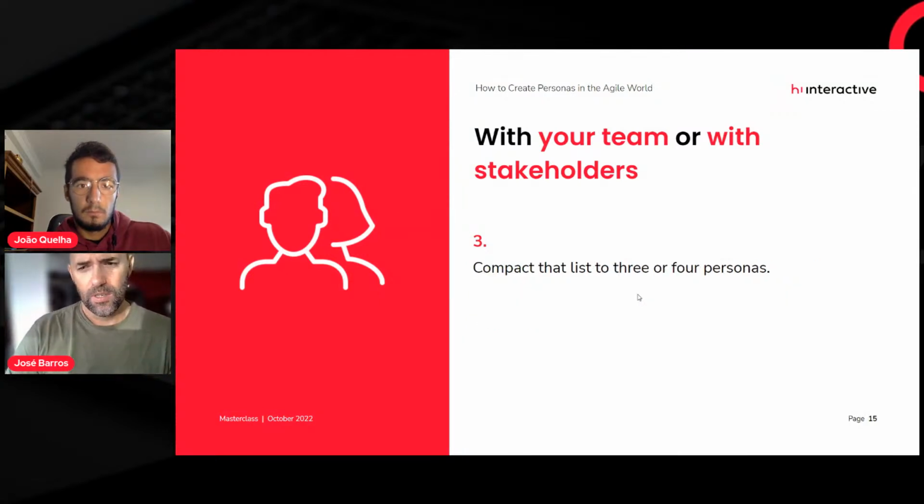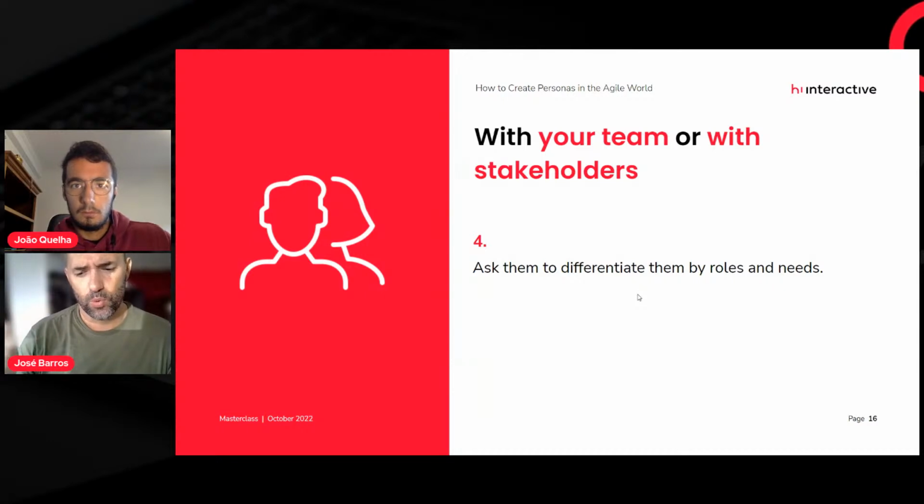As I said, you compact that list to 3 or 4 personas, and then you ask them to differentiate them by roles and needs. You ask them to do this work by adding the goals, needs, and frustrations to every persona.